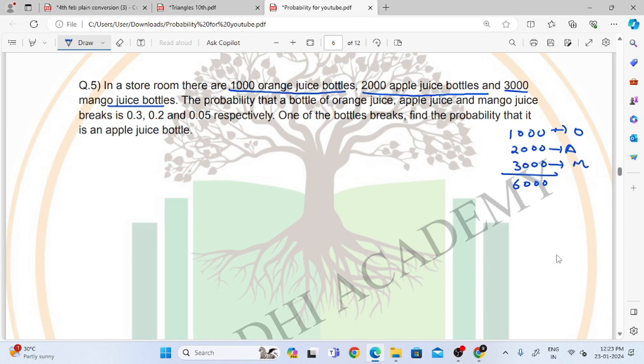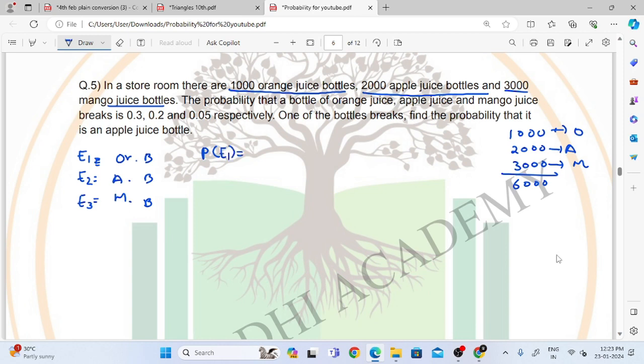Okay, so we will define 3 events: E1, E2 and E3. E1 is selecting an orange juice bottle, E2 is an apple juice bottle, and E3 is selecting a mango juice bottle.